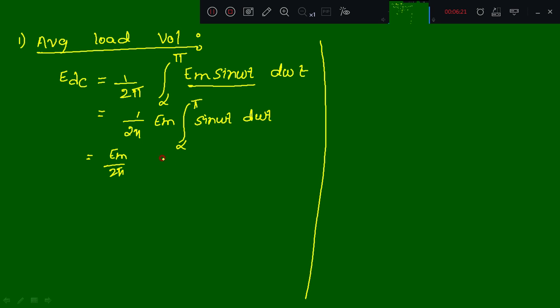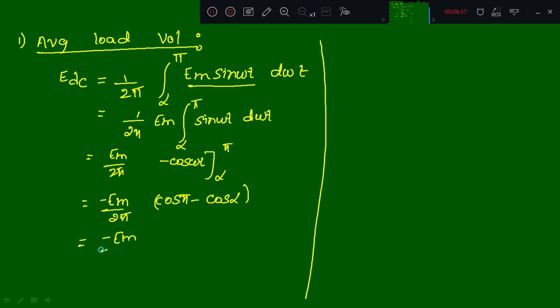Integration of sine is minus cos omega t, with the range from alpha to pi. It can be taken as minus Em upon 2 pi, the upper limit cos pi minus the lower limit cos alpha. Cos pi is minus 1, minus cos alpha. This minus and this minus give Em upon 2 pi into bracket 1 plus cos alpha.